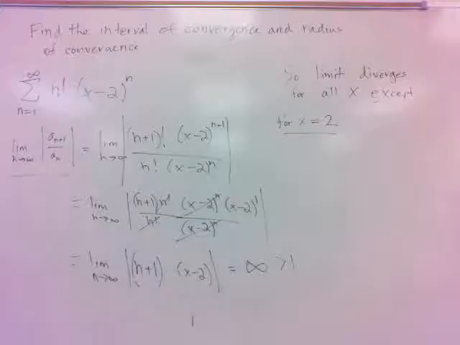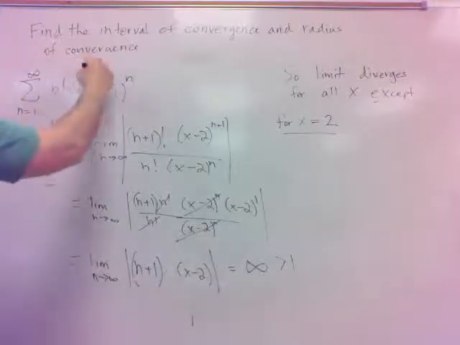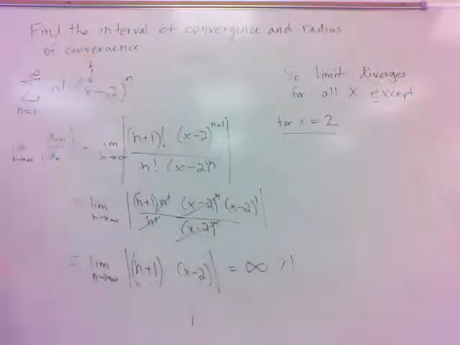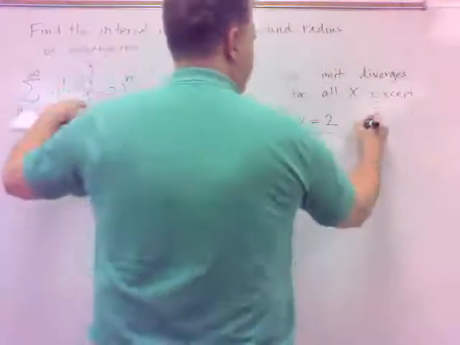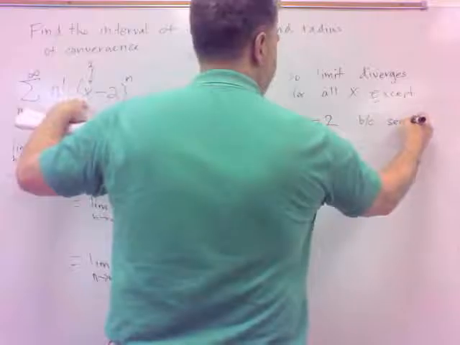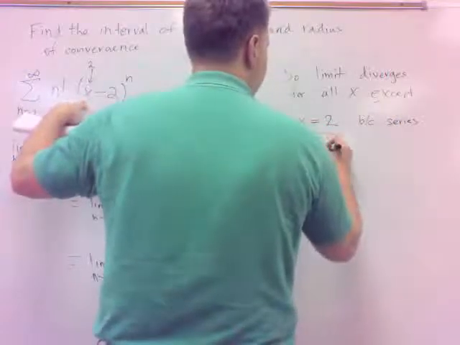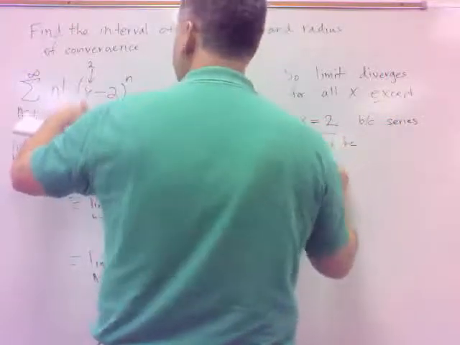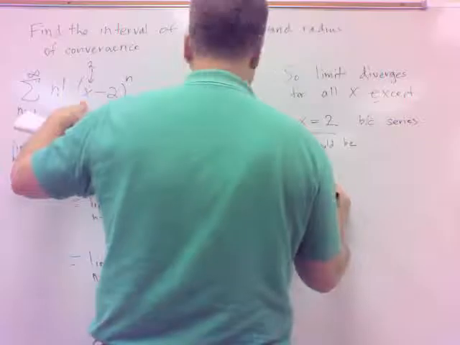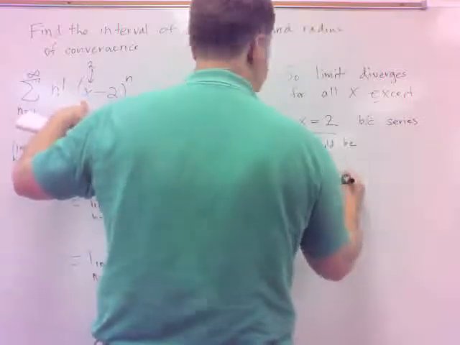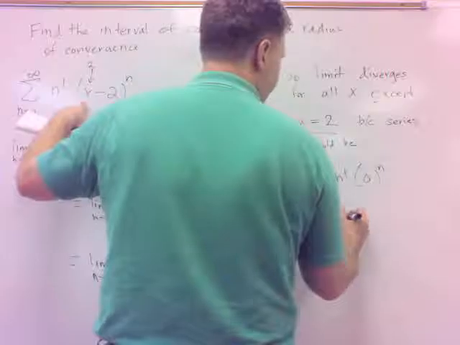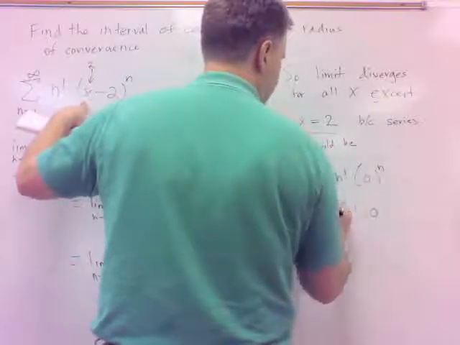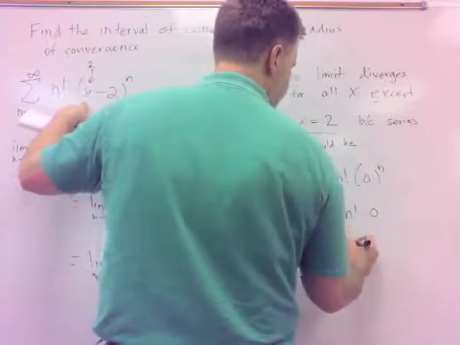And here is why. If x equals 2, we go all the way back to the original series. That series becomes the series n equals 1 to infinity, n factorial times 0 to the n, which is n factorial times 0, which is the series of zeros.